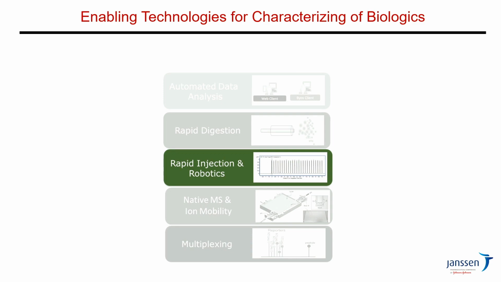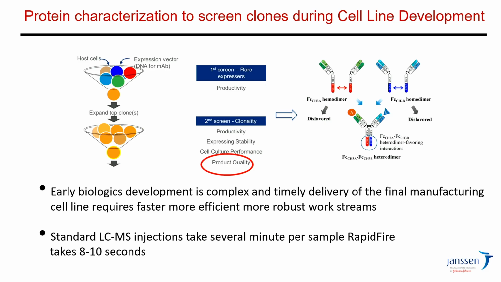Rapid injection is another topic I'd like to discuss, and how we are using that to accelerate cell line development. So some of the multispecifics analysis is quite challenging, and in the 96 deep well colony screenings, we do this in order to distinguish the amount of impurities that are present due to homodimer formation of these antibodies.